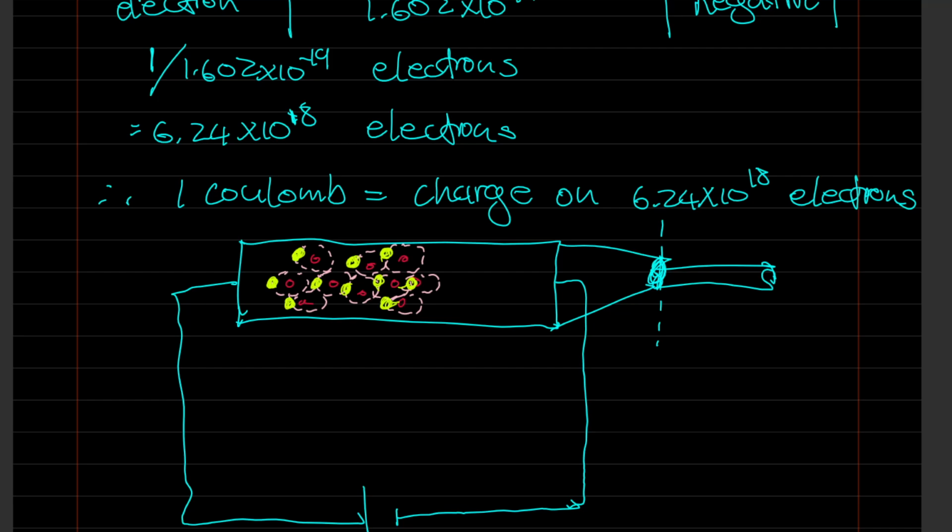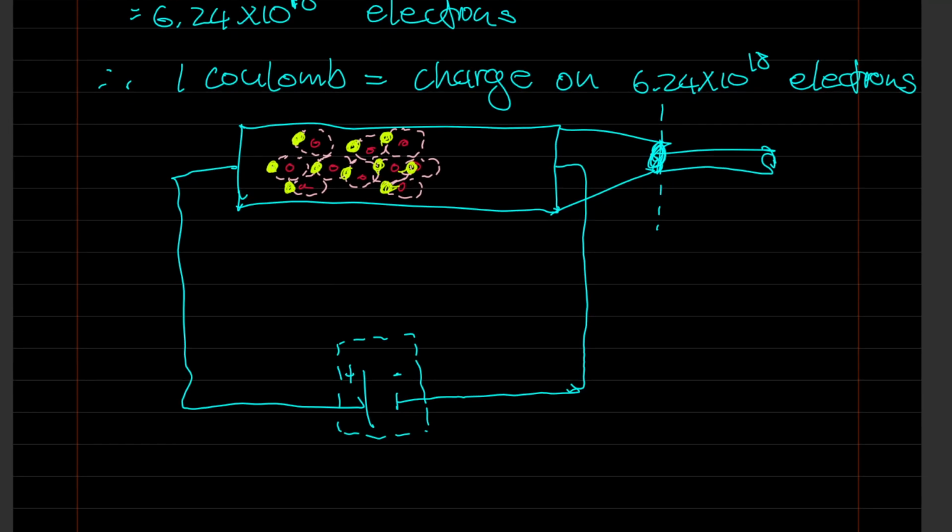Let's just say we have a battery and we have a wire. That's how our simple circuit will be set up. This is the cell. We have a positive and a negative terminal. These highlighted here will be free electrons.